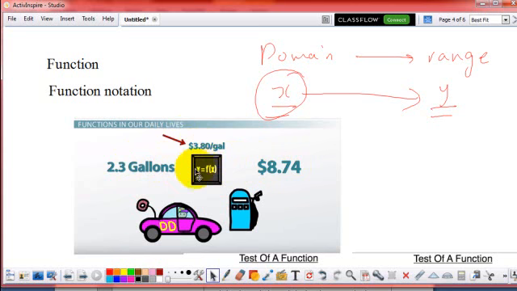If we have a price of $3.80 per gallon, for example, this relation will give us the price y for any amount of fuel, for any value of x. So for example, if x was 2.3 gallons, according to this relation, the price will be $8.74.